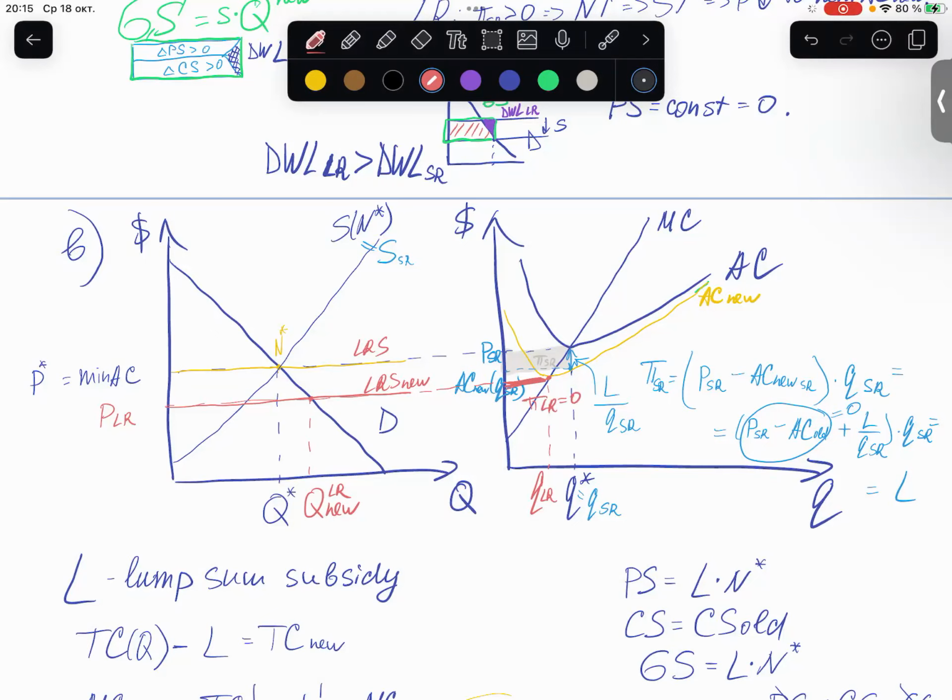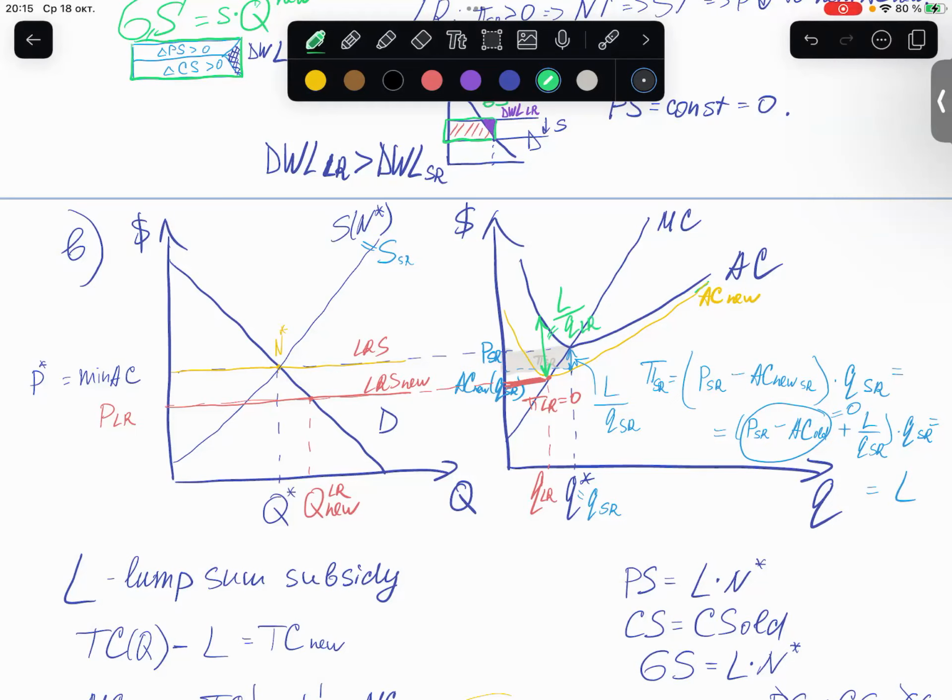But where are government spendings? Where are government spendings? I will use green. As you remember, the difference between average costs new and average costs old, this difference equals to L over the Q new in the long run.